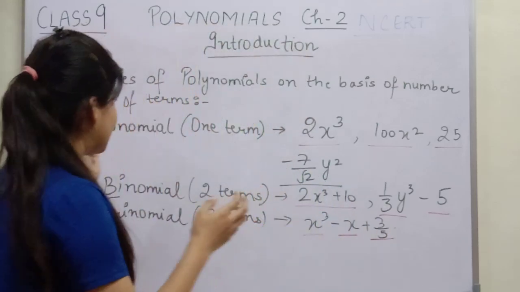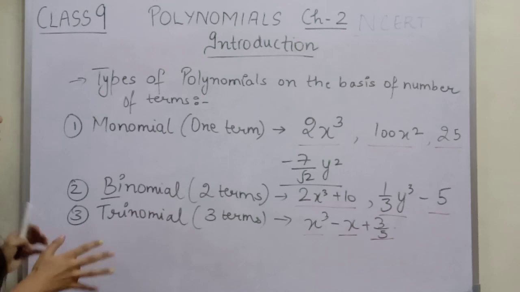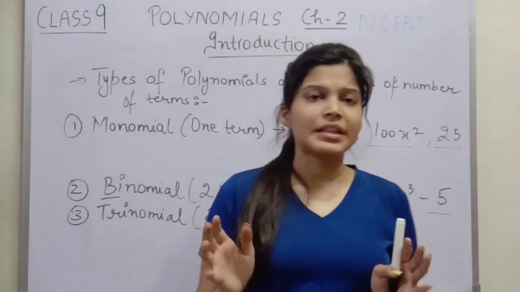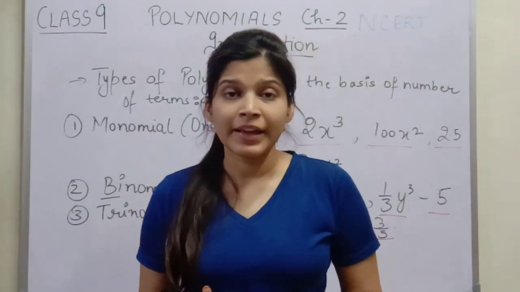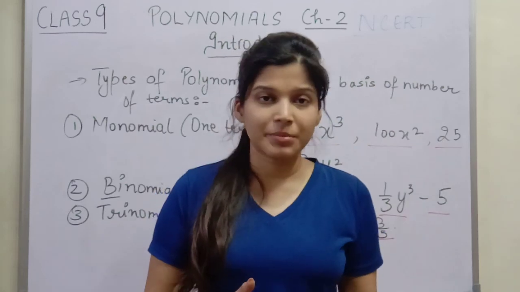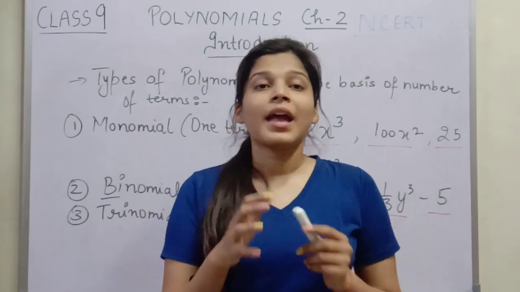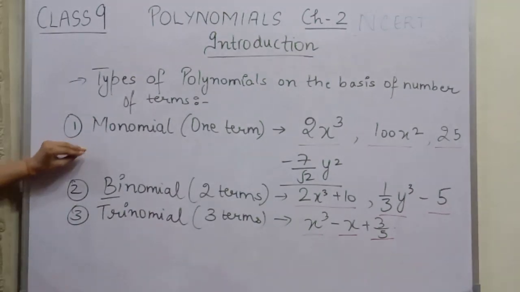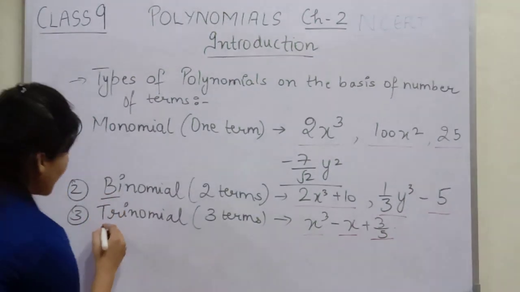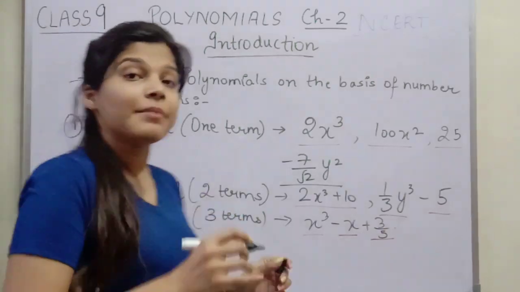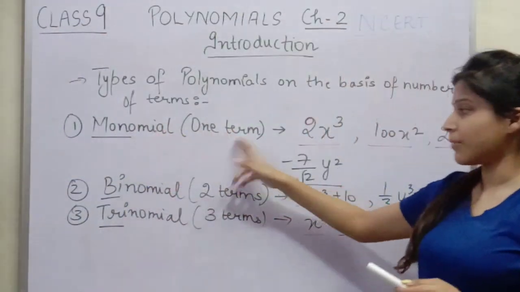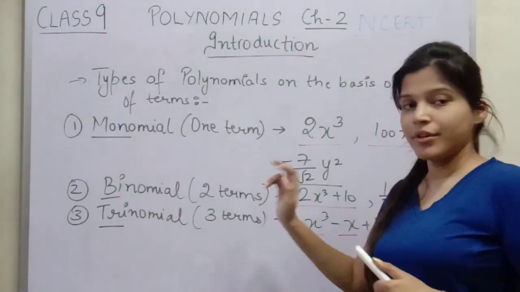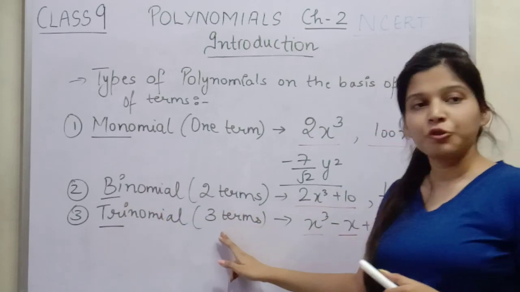Okay. So types of polynomials on the basis of number of terms are very easy because one thing is that we have studied this in 8th also, and second thing is that from the names monomial, binomial, trinomial we can tell that mono means 1 term, bi means 2 terms and tri means 3 terms.